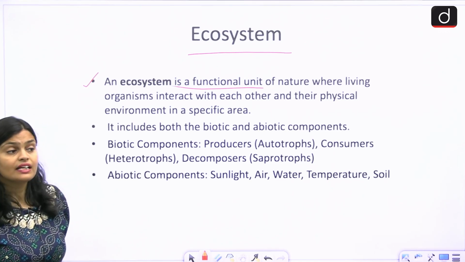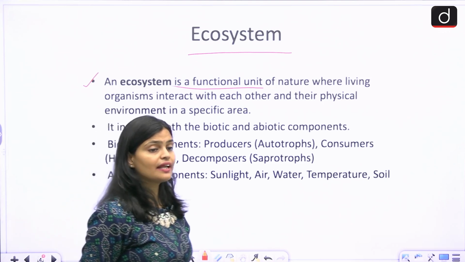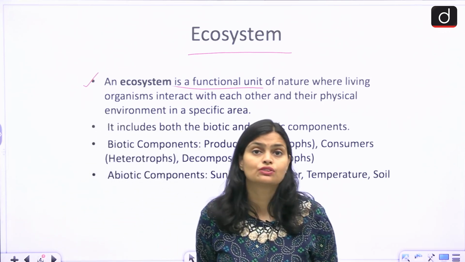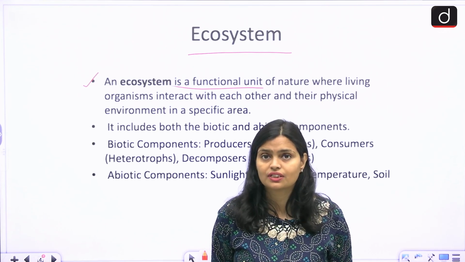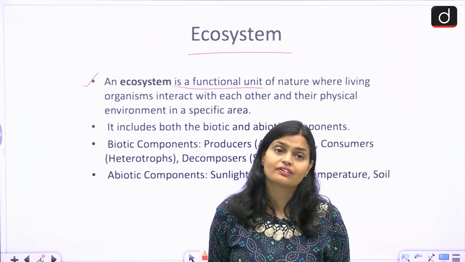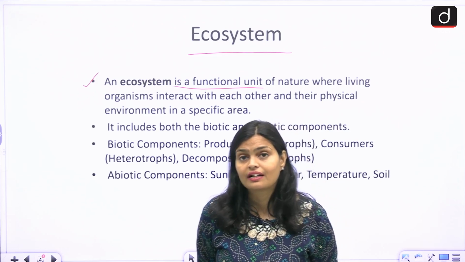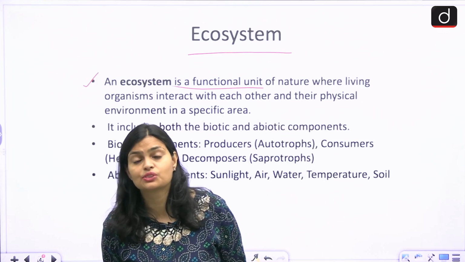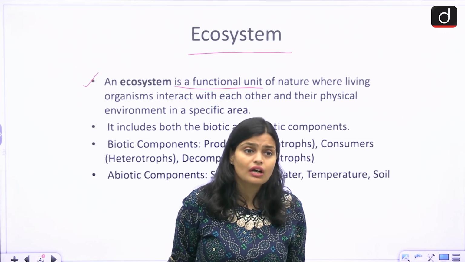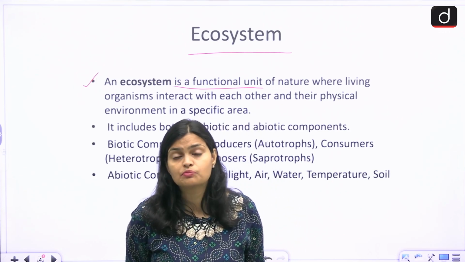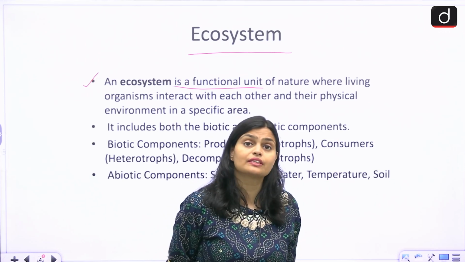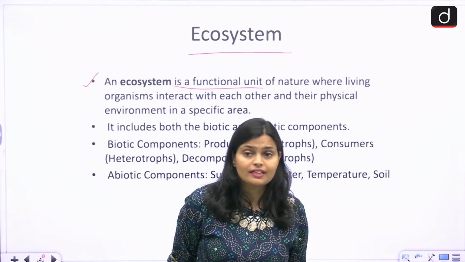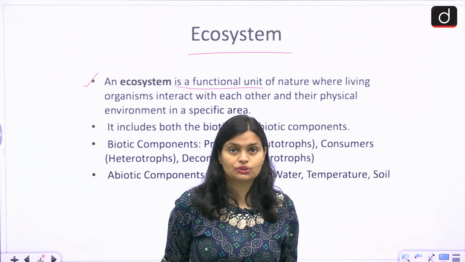What does it mean? In an ecosystem, it's not like we are living isolated. All the living organisms are interacting with each other. Like you are interacting with other people, with family, friends, shopkeepers and all. Not only the same species, you also interact with dogs, cats, and you also interact with plants.